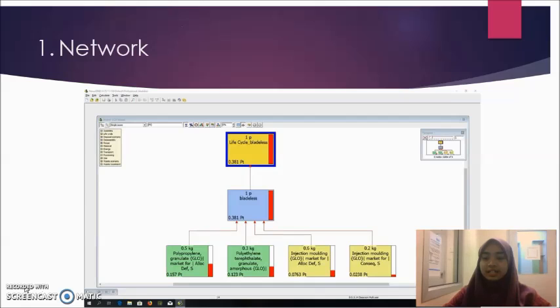Next, for the first analysis, we use SimaPro network. For the network, we choose two materials and one process: for the materials we choose polypropylene and polyethylene, and for the process we choose injection molding for both materials.